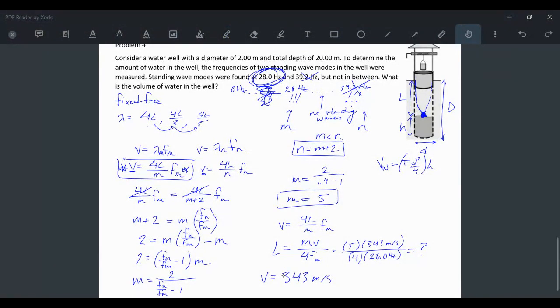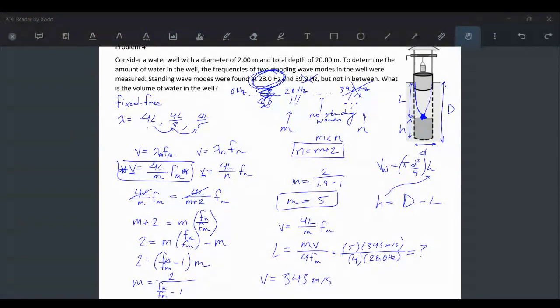The units look good: the hertz and per seconds will leave us with meters. So at this point, we'll have L. We can compute H equal to D minus L, and once we have H, we can plug that in, and we're all set. For all intents and purposes, the problem is solved. I haven't given you a final number, but if you're feeling up to it, you can do it on your own.